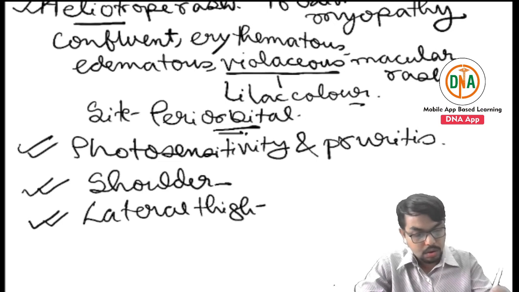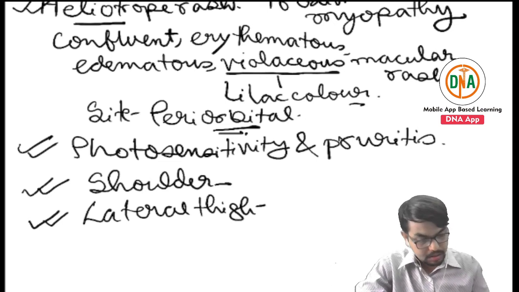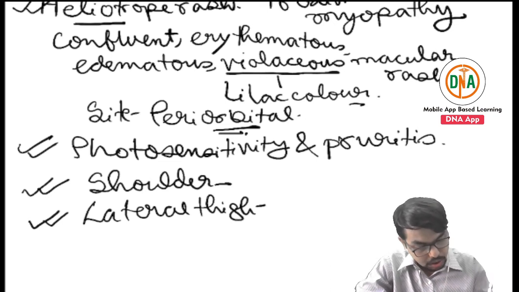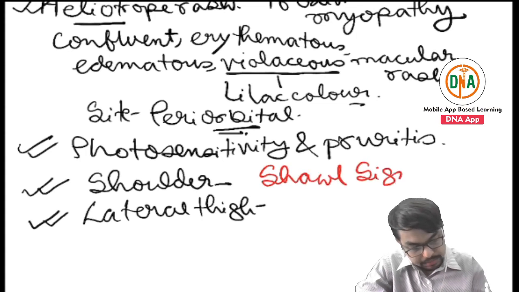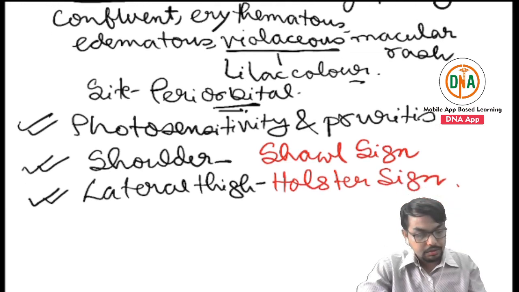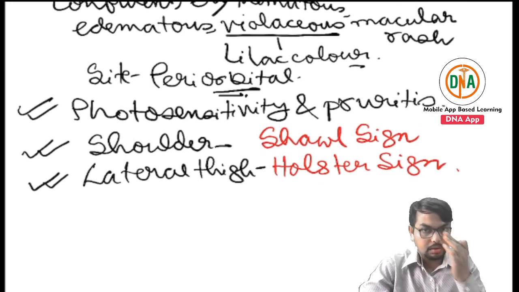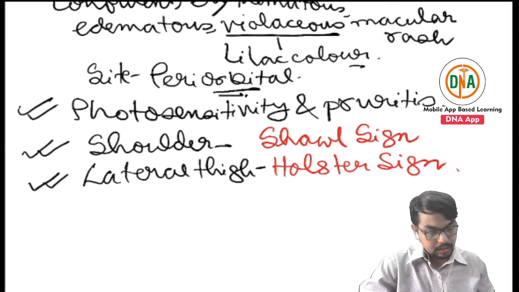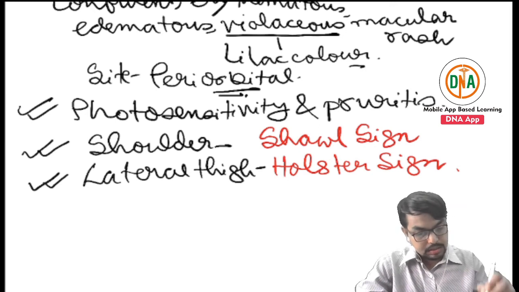Over the shoulder it is called shawl sign. Over the lateral thigh, it is called holster sign. It can also involve the V area of the neck, which is exposed to sunlight.